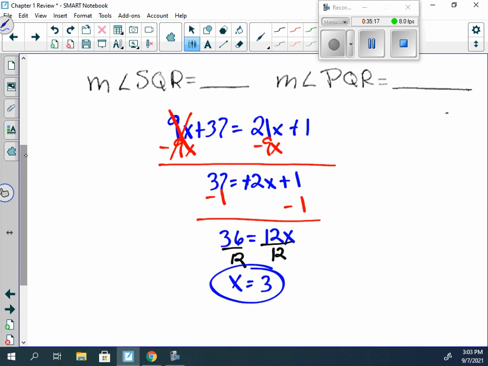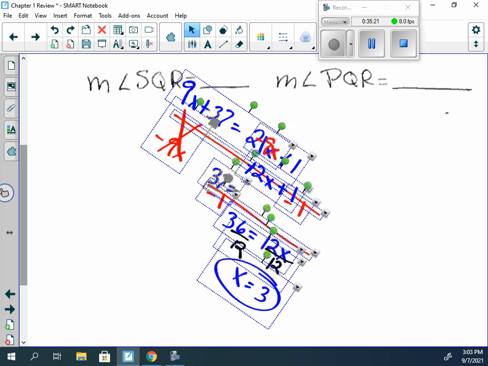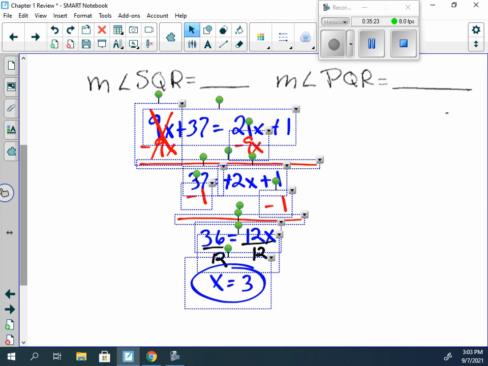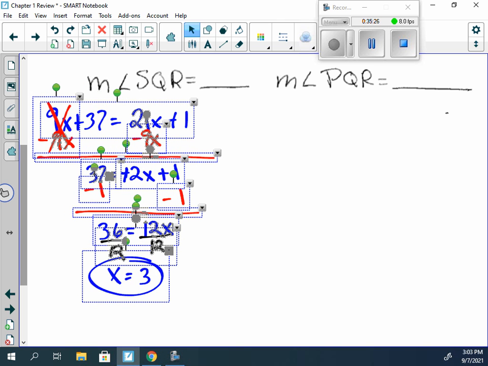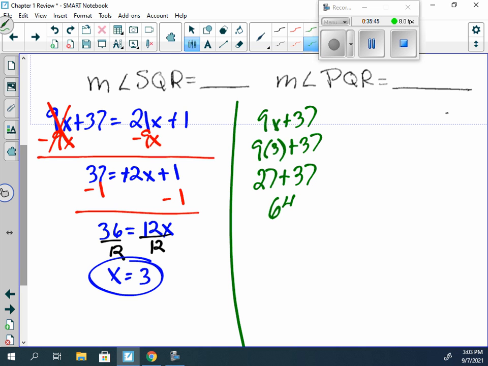But what do we have to do to finish this out? The last thing we need to do is plug it back in. So we can pick the 9x plus 37. So we could say 9 times 3 plus 37. Well, 9 times 3 is 27. Plus 37 is 64.